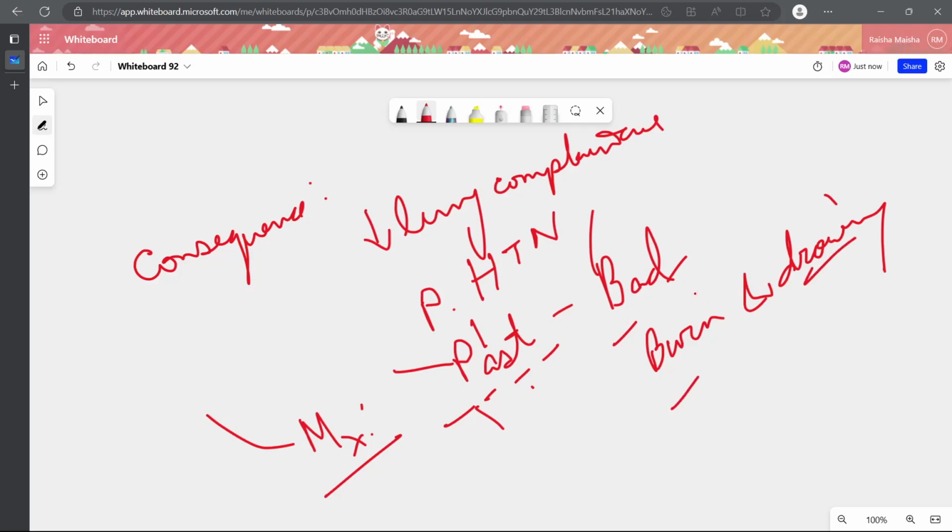These are the causes of ARDS. So in ARDS, the treatment would be treatment of the underlying cause, like treatment of pancreatitis and other things.